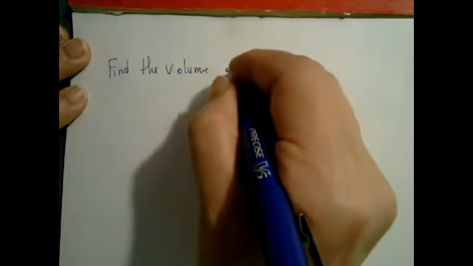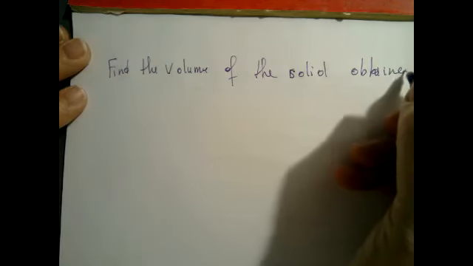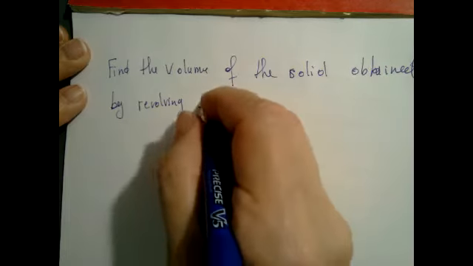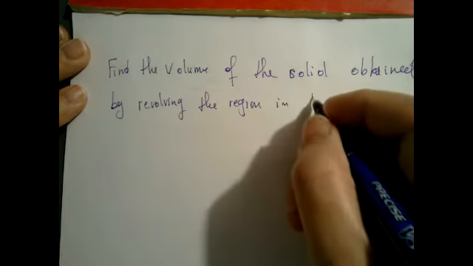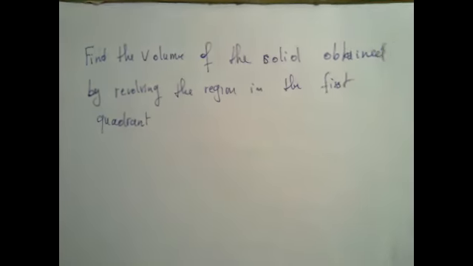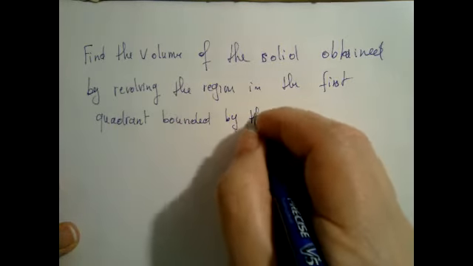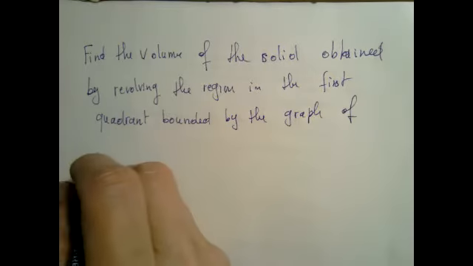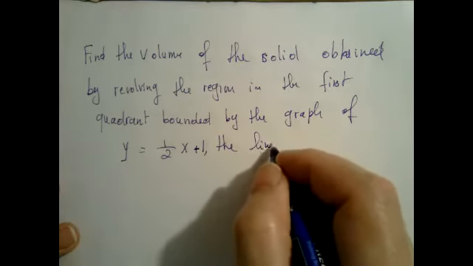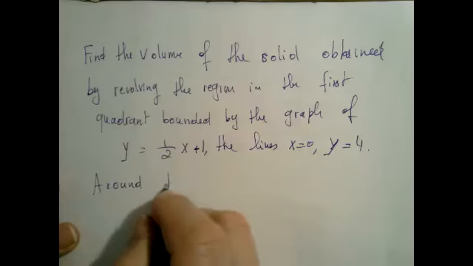Find the volume of the solid obtained by revolving the region in the first quadrant, which is bounded by the graph of y equal a half x plus 1, the lines x equal to 0, y equal to 4, around the y-axis.